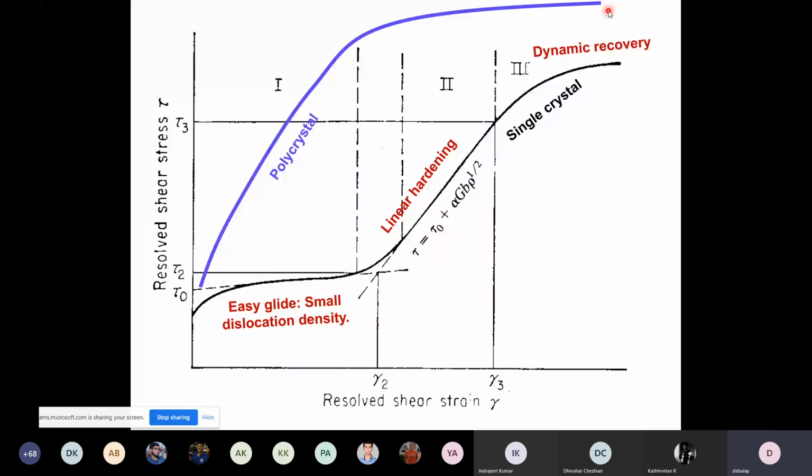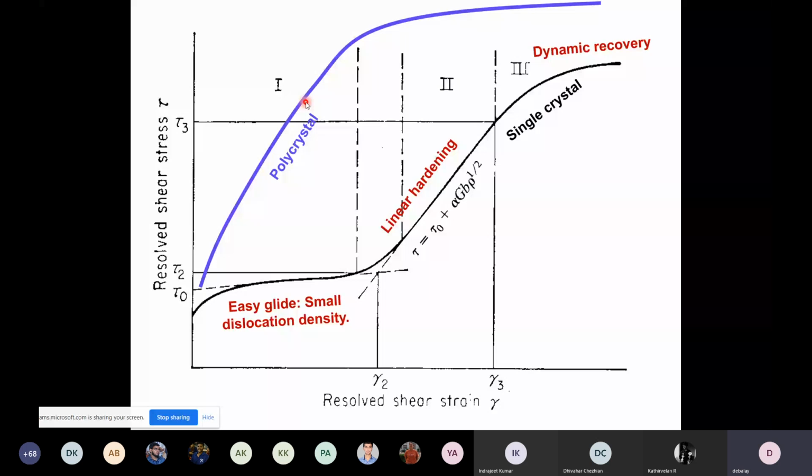A linear hardening kind of portion you can see even in the polycrystal plot. A dynamic recovery kind of portion you will also see in the polycrystal stress strain curve. But this nature is different from the single crystal nature, and the curve will also be at a higher stress level. The polycrystal stress requirement is higher than the single crystal.